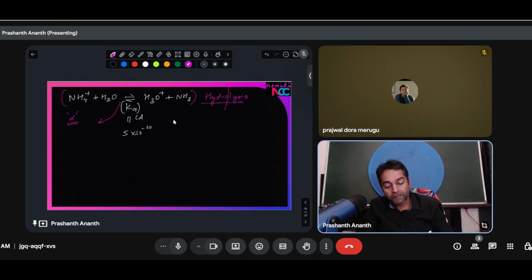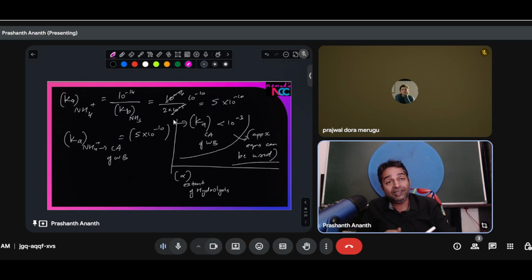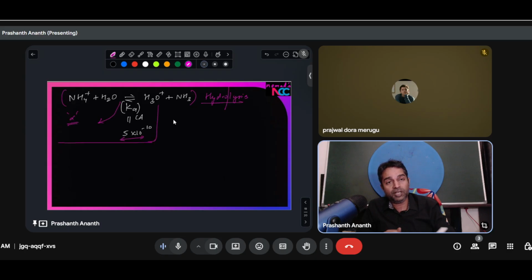So this is going to be the bond breaking and forming which is happening in your water over here. So you got the Ka value done for it. If Ka is applicable over here, alpha is the extent of hydrolysis for this particular equation, because this is a hydrolysis equation.